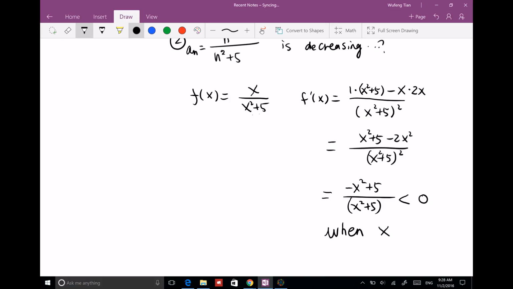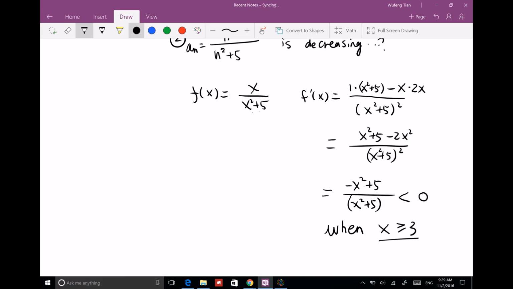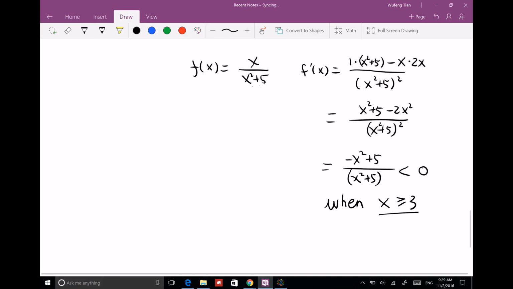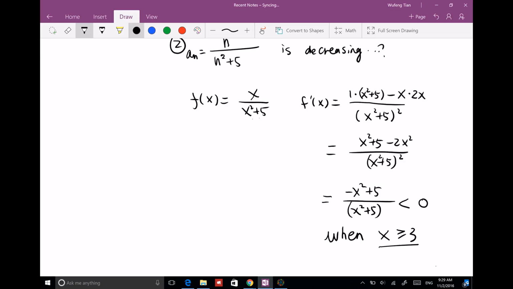So if x is bigger than or equal to 3, the reason I choose 3, it must be the square root of 5 that makes it equal 0. Square root of 5, but I just choose 3 because it's the lowest integer. So when x is bigger than or equal to 3, the first derivative is less than 0, it's decreasing.